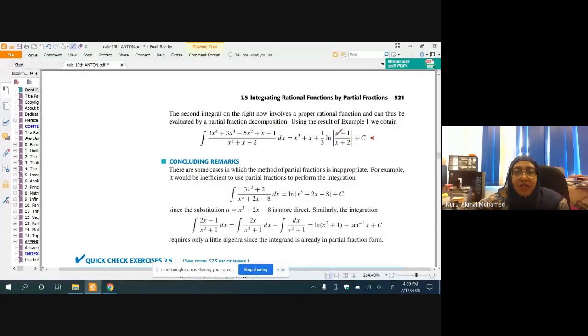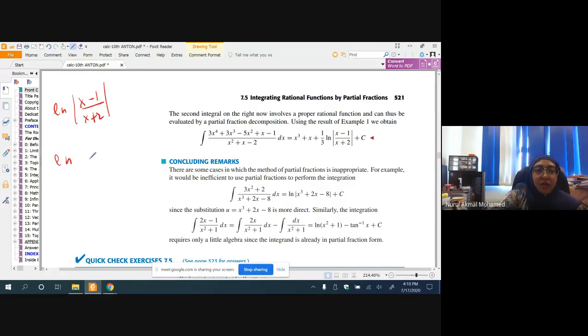This is a combination of ln of x minus 1 and ln of x plus 2. Ln can be combined. Let's say you have ln of (x minus 1) divided by (x plus 2), it is actually equal to ln of x minus 1 minus ln of x plus 2.